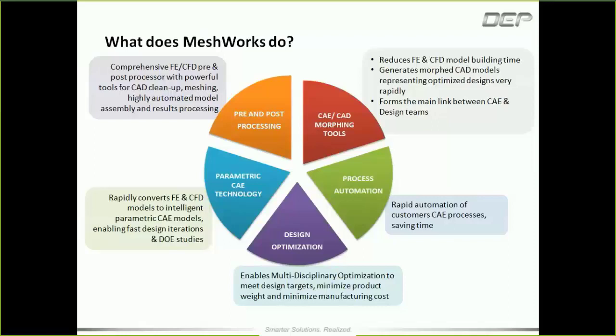As I mentioned earlier, MeshWorks is a leader in morphing as well as parametric CAE model technology. Those continue to be our leadership areas, and with the help of the parametric CAE modeling technology, you also see us playing a greater role in enabling design optimization. Even non-parametric based design optimization is enabled very well by MeshWorks toolsets.